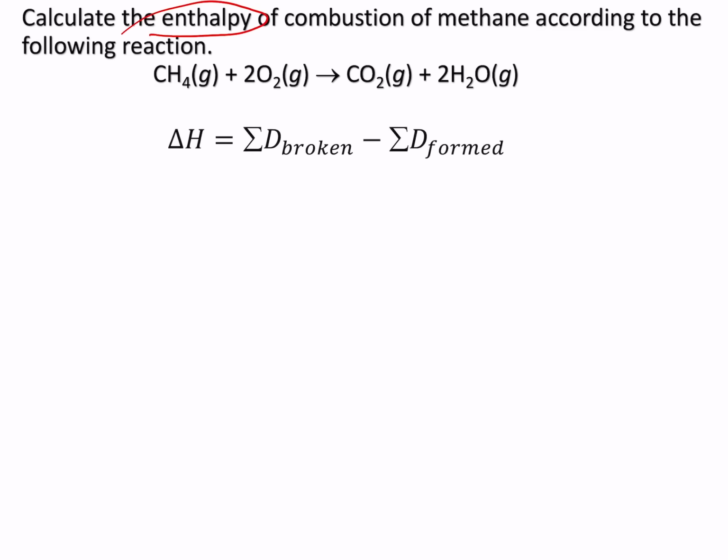The way we calculate this is that you have to focus on what bonds are being broken and what bonds are being formed. The bonds that you are breaking are the ones on the reactant side. The bonds that you are forming are the ones on the product side. So the enthalpy is the sum of the bond energies of the reactants minus the bond energies of the products.